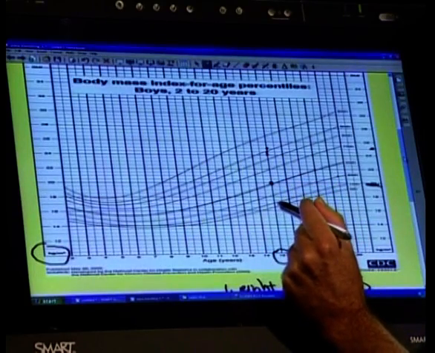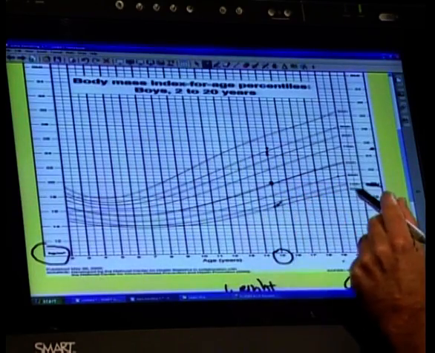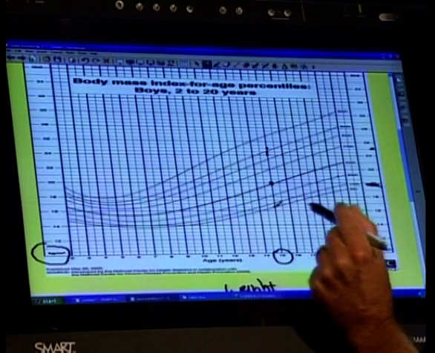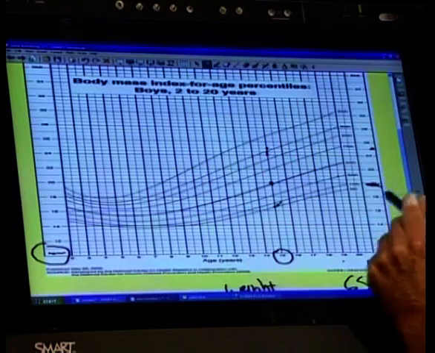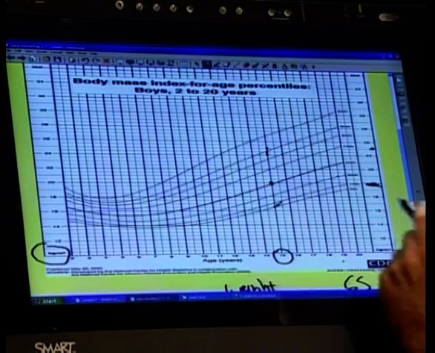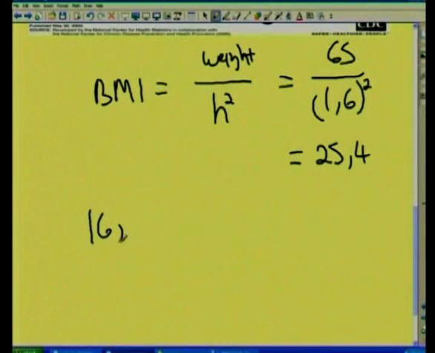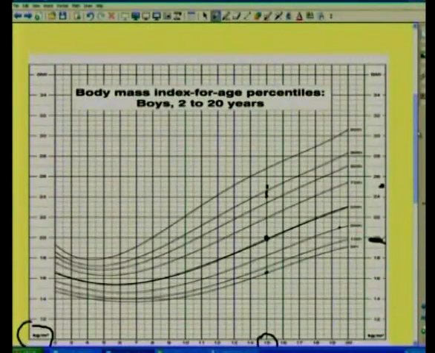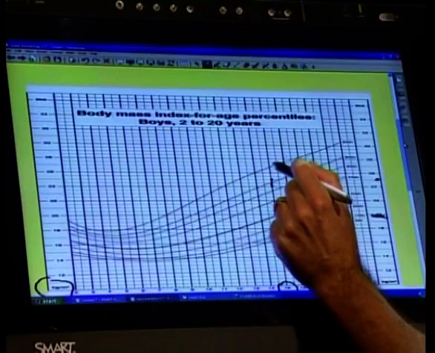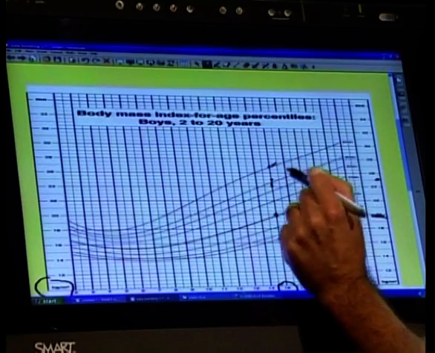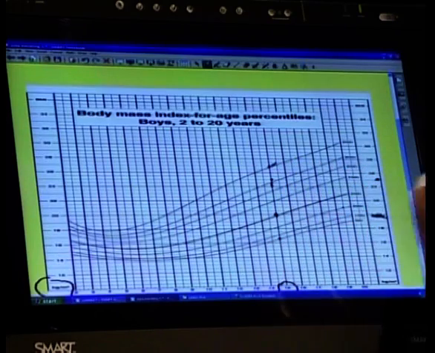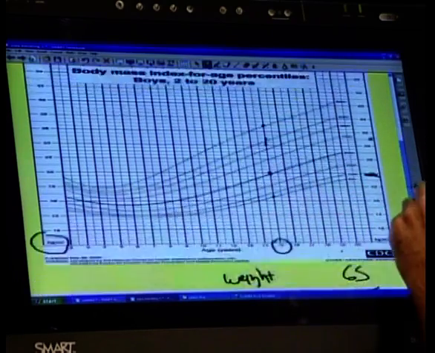In other words, looking down here again at our 15-year-old, starting at the 5th percentile, which is literally at about 16,5 BMI, let's write that value down, and going right up for the 15-year-old to the 95th percentile, that's a BMI of around about 27.